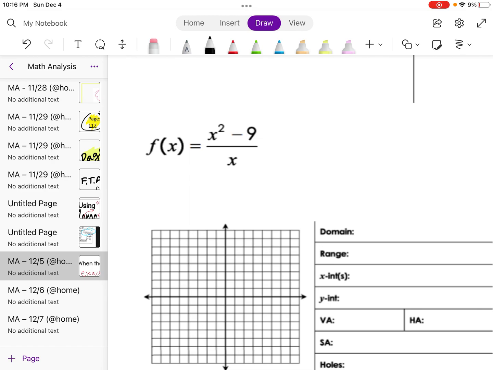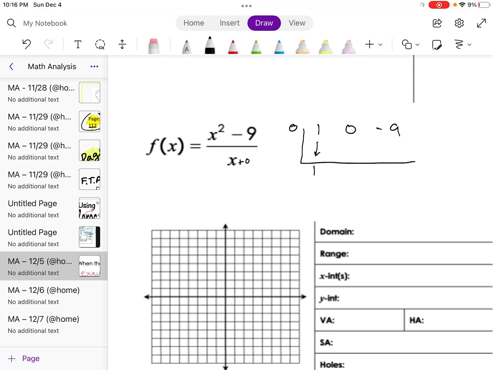First one, x squared minus 9. So I'm going to rewrite this and do synthetic division. This is like 1, 0, negative 9.